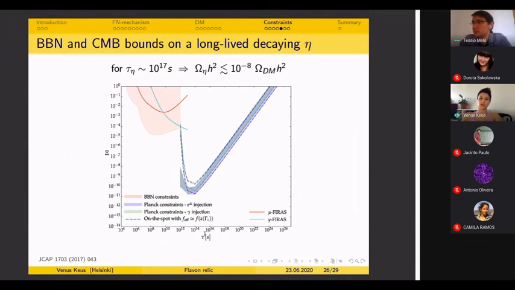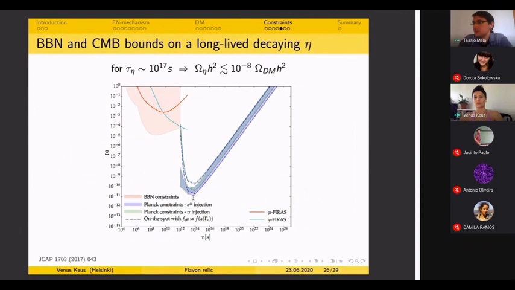If your particle was short-lived, some of it was producing photons, but there was so little of it. This is a ridiculously small amount, 10 to the minus 18 times the abundance of observed dark matter today. That's a very, very small abundance, meaning the injected energy wouldn't have been so much.